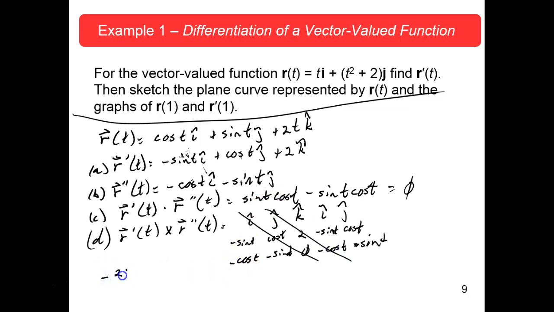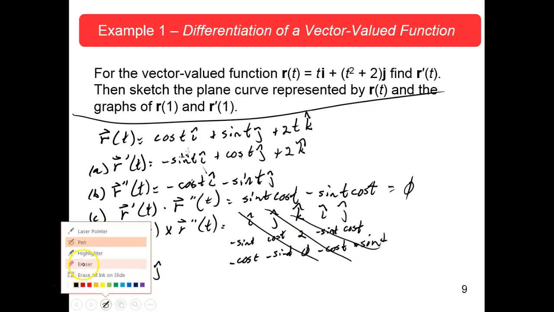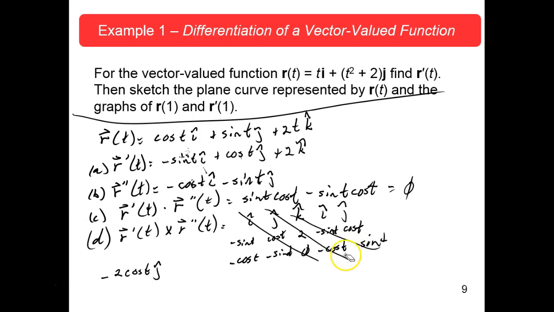Minus 2 cosine T J. Okay, do the next one. Now, I'm pretty sure that's a minus sign there. I've drawn over it so many times I don't know why, but I think I put an equal sign there and it was supposed to be a minus. Let me make sure I'm right there. Yeah, I think I am.